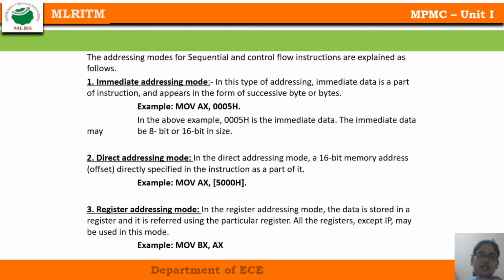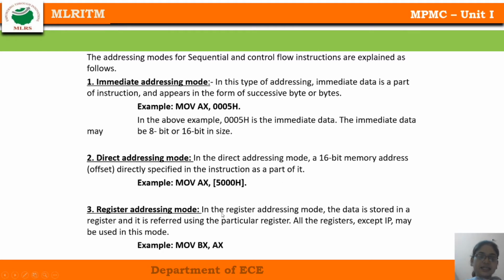By default, we consider DS as the data segment register. So in this addressing mode, we calculate the effective address with the help of the segment register contents and the offset address defined in the instruction. So the physical address is the segment address multiplied by 10H plus the specified offset address 5000H.